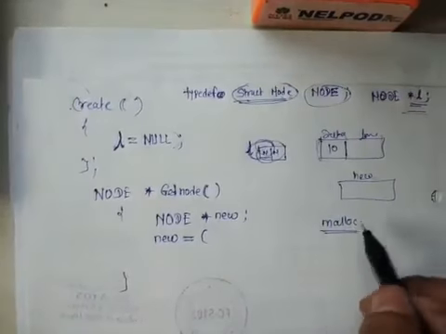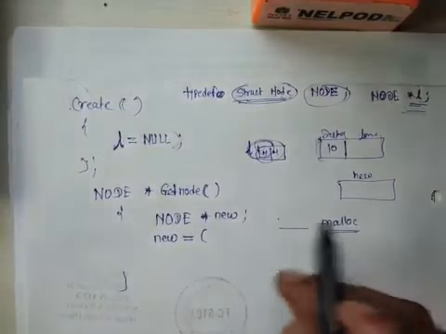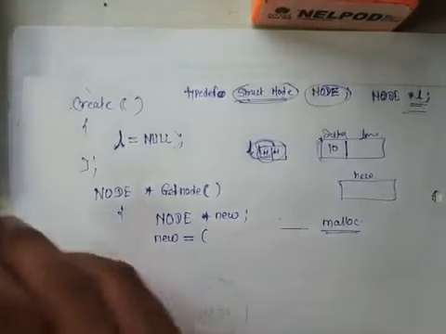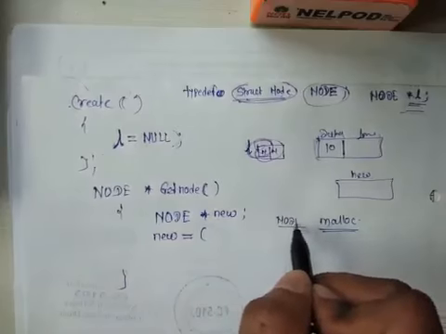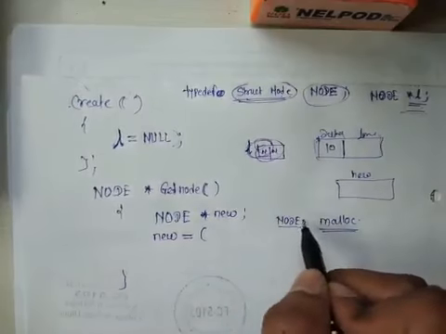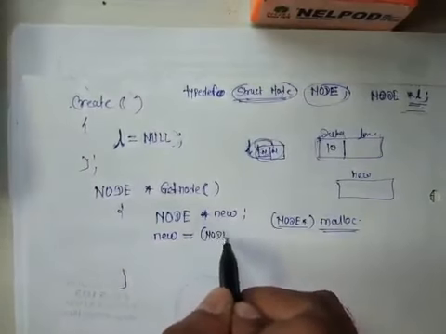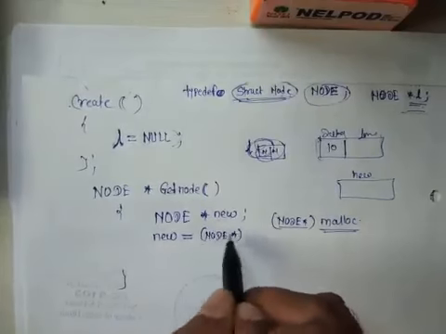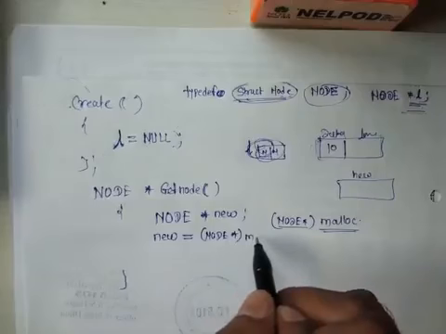We need to specify the type of memory, what type of memory we are going to allocate. Here we are allocating memory of node type pointer variable. So that is why I'm writing node and the pointer variable. It is a node type pointer variable. Okay, then we are going to write the keyword malloc.